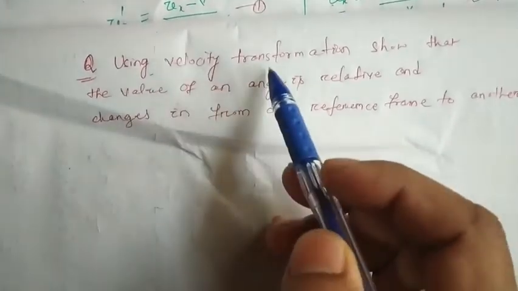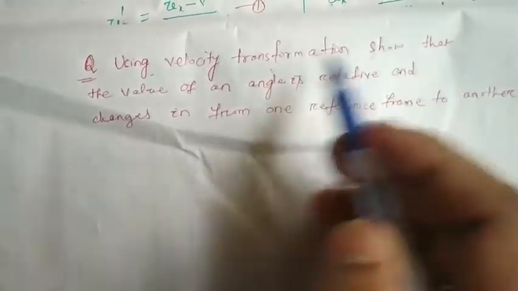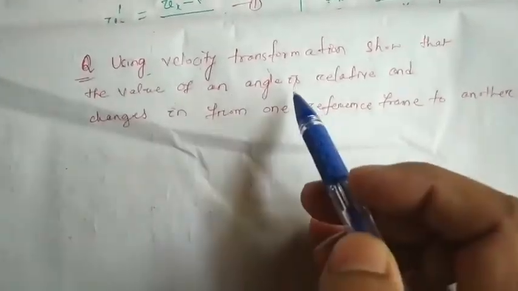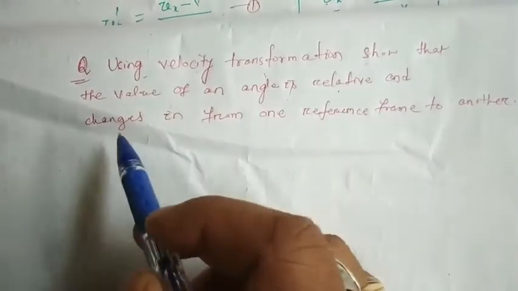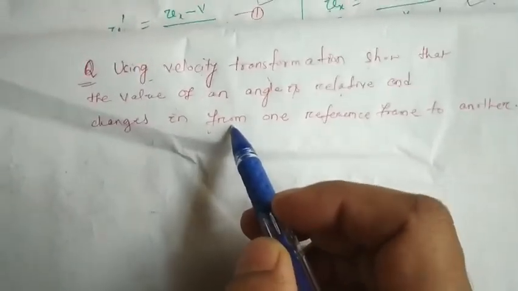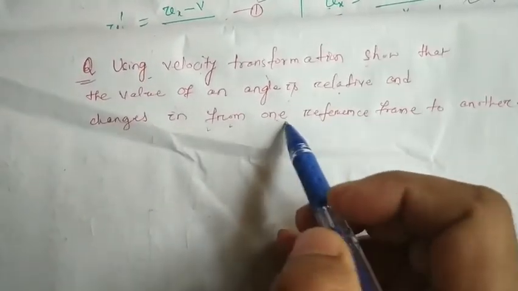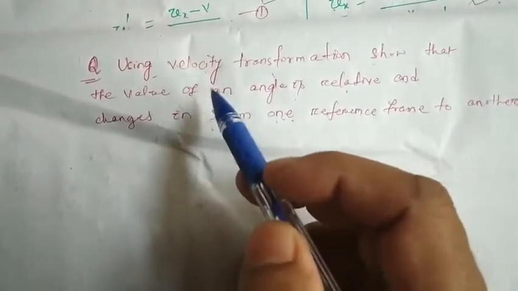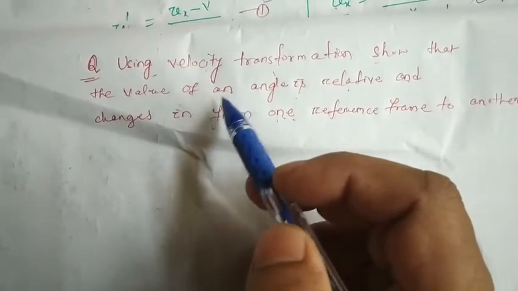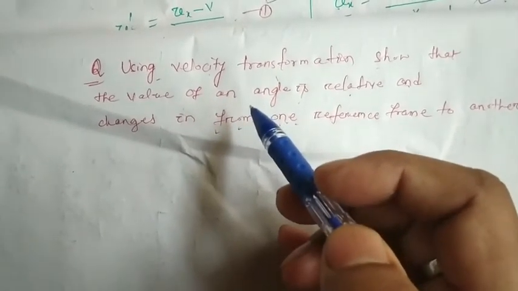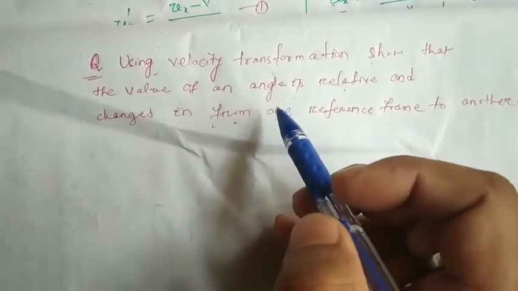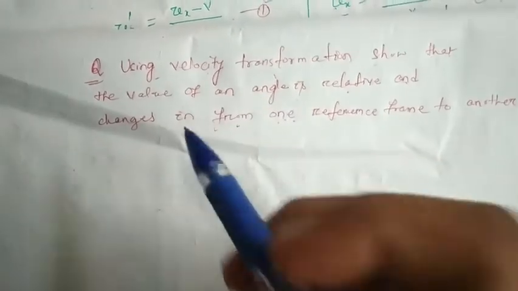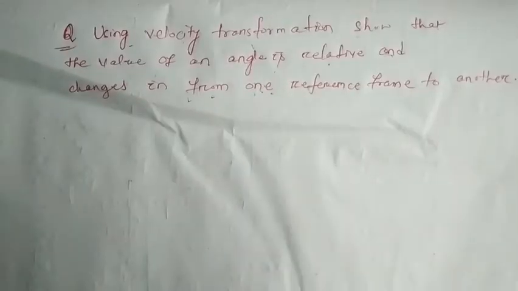Using velocity transformation, show that the value of an angle is relative and changes from one reference frame to another. That means by using velocity transformation we have to show that the angle is different from one frame of reference to another.